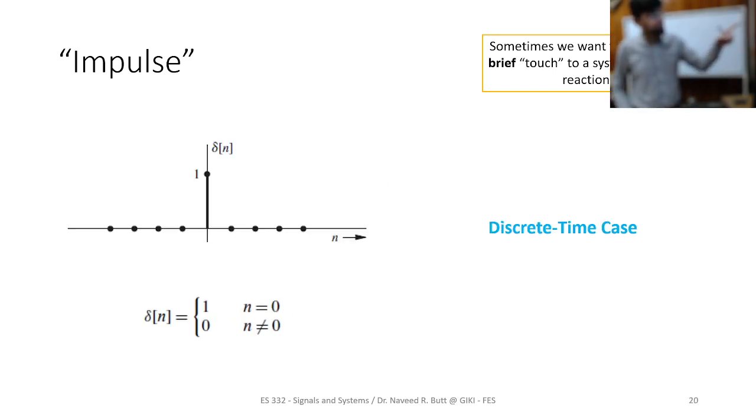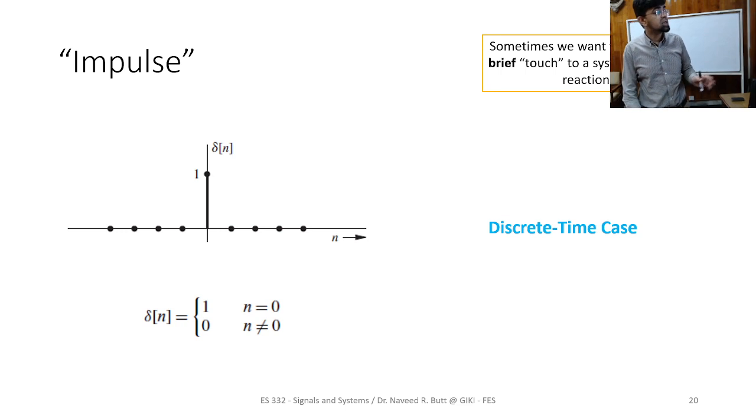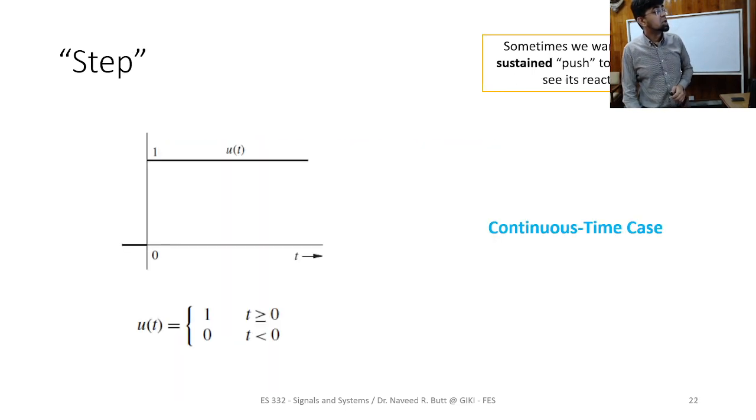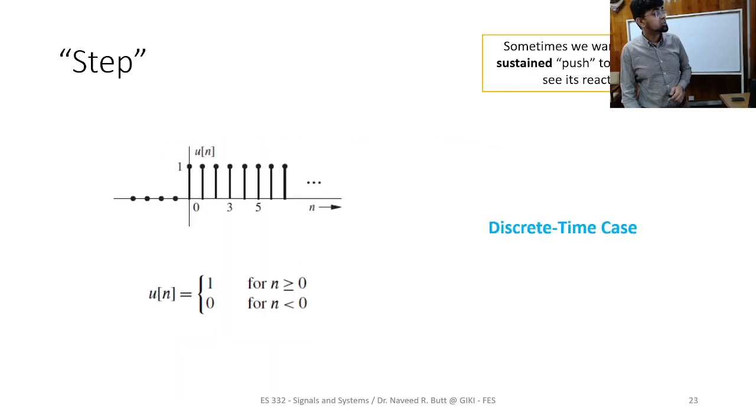Also, it's very common to use square brackets for discrete time and curved brackets or parentheses for continuous time. It's just a notational note.